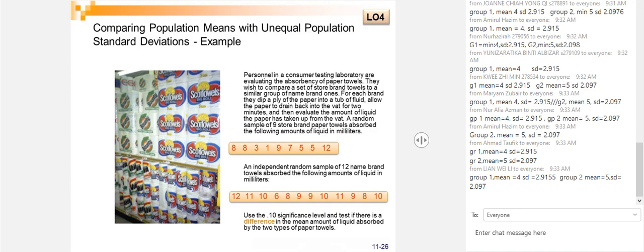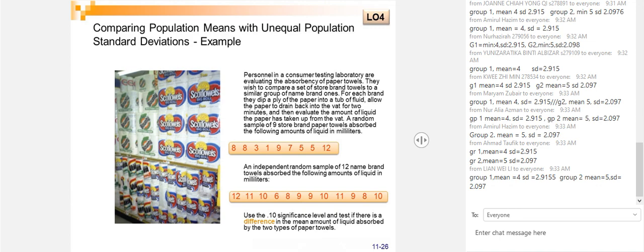So now we have the example, group number 1 and group number 2. Toilet paper, sini dia pakai towels ataupun toilet paper. So dia melihat group number 1, they observe how many milliliters. So they measure 8, 8, 3, 1 and so on. So another one, you choose another brand.